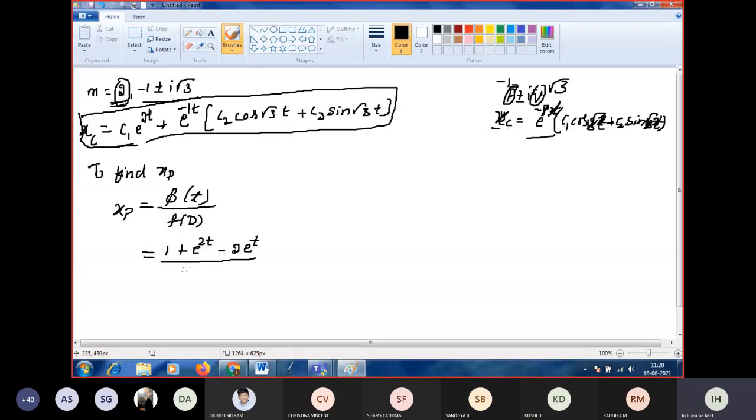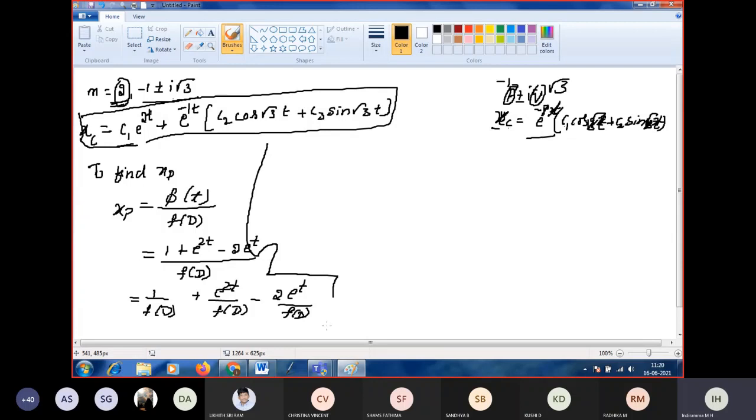Is it right what I have written? Yes, ma'am. So next you split the numerator: 1 by f of d plus e power 2t by f of d minus 2 into e power t by f of d. Now substitute for f of d and convert to the standard types.